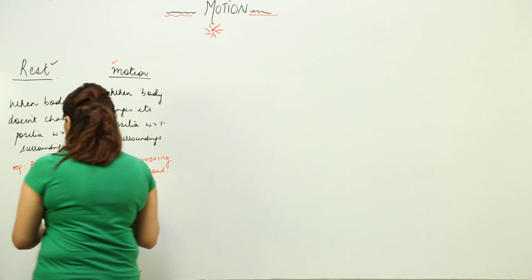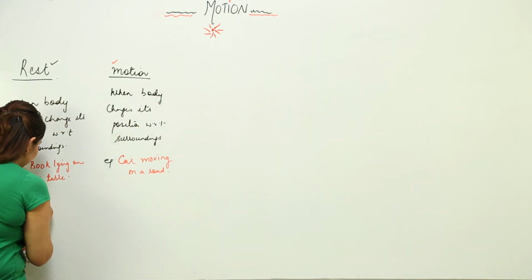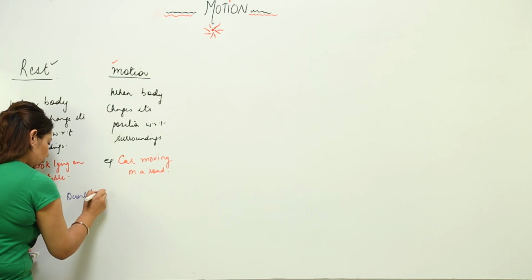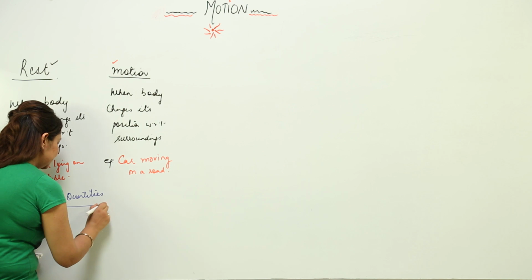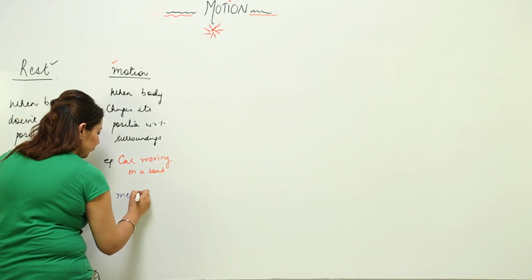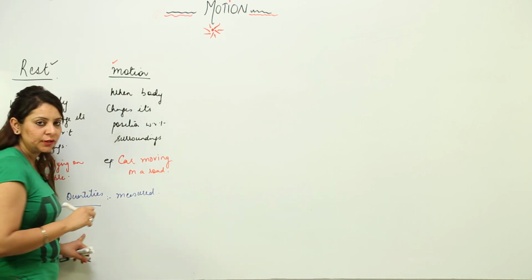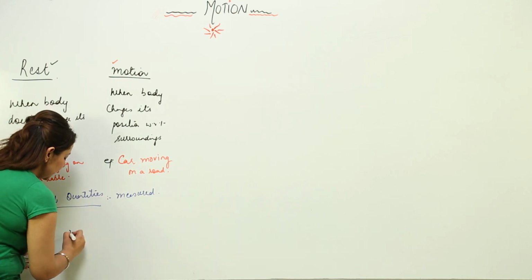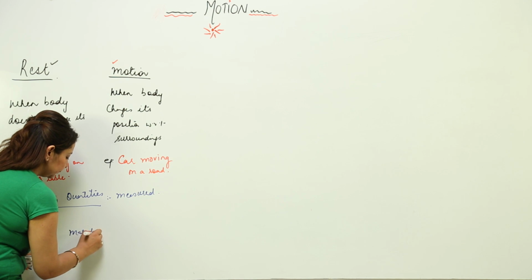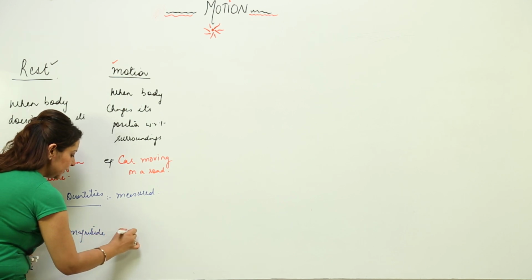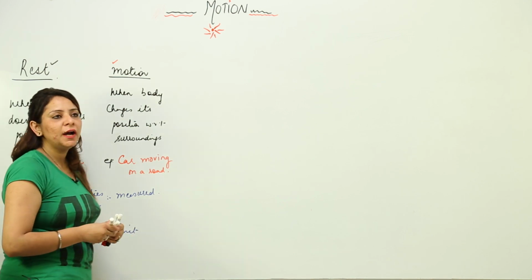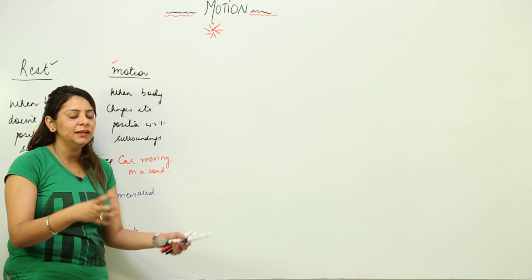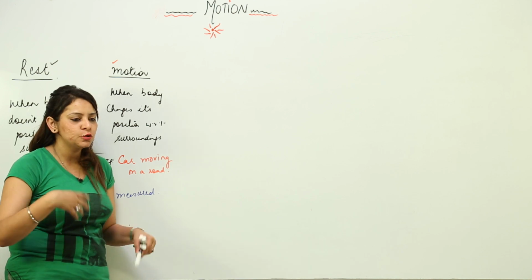Now, what are physical quantities? Physical quantities are those which can be measured. And you know that we express a physical quantity in two things: one is the magnitude and the other is the unit. Suppose I go to the market and ask for 2 kg onion. I don't say give me 10 onions or 12 onions.